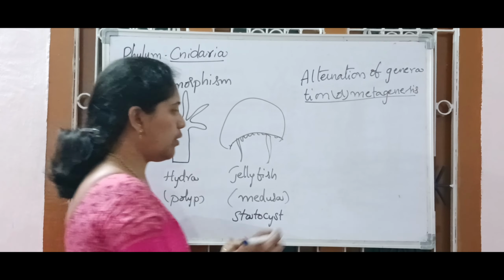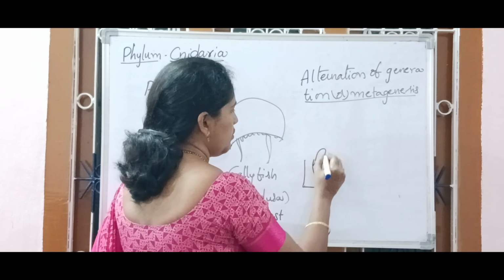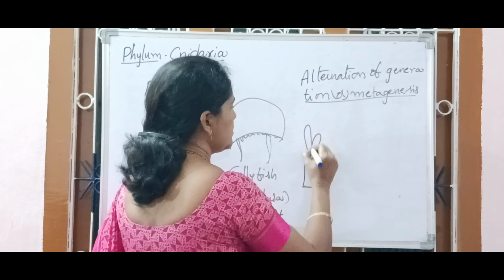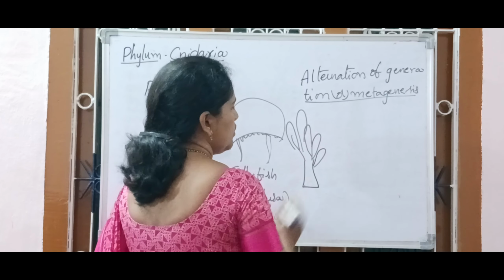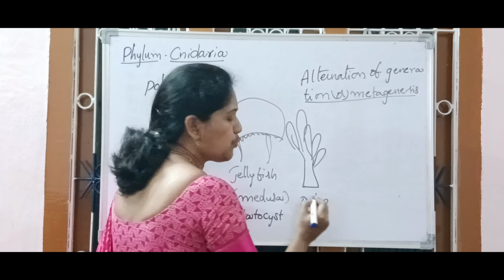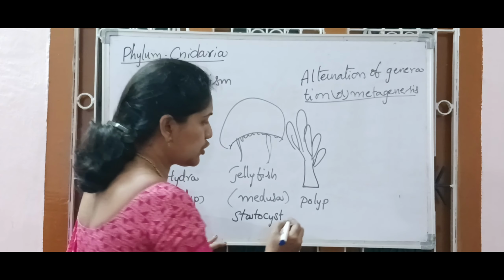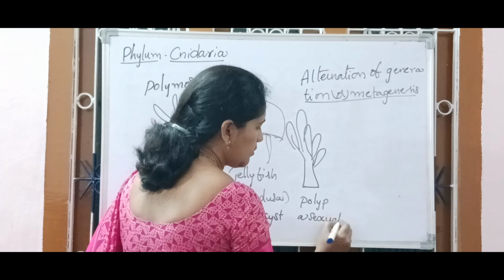The polyp form, so this is the polyp form, is undergoing the budding process. It undergoes asexual reproduction, and that asexual reproduction is known as budding.